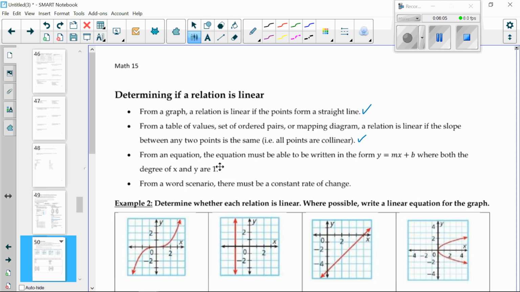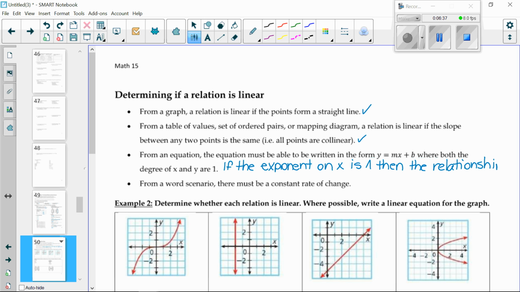So if the exponent on x is 1, then the relationship is linear.